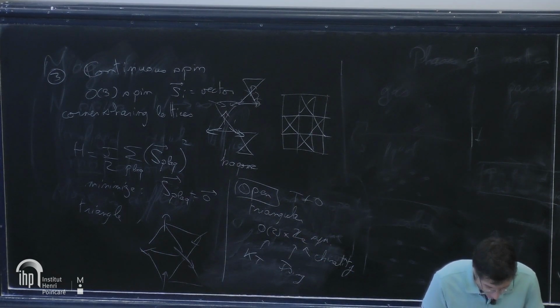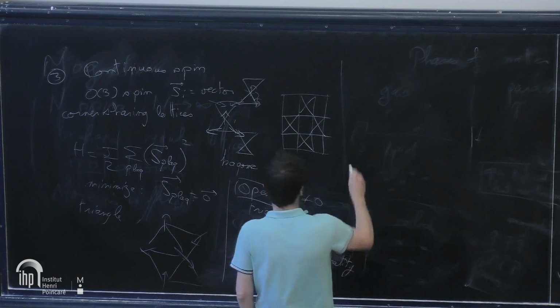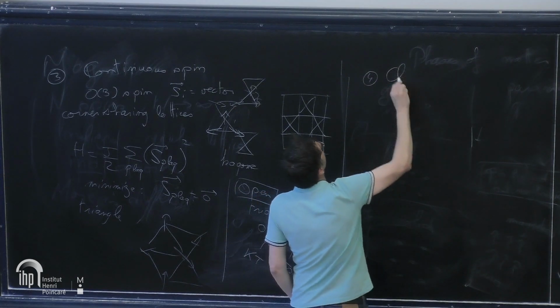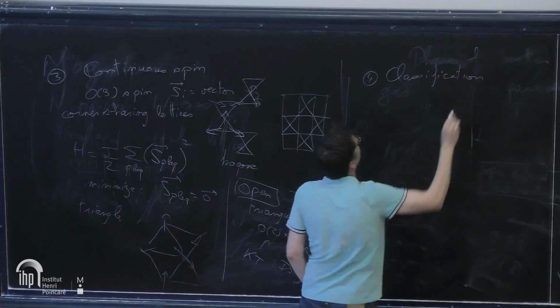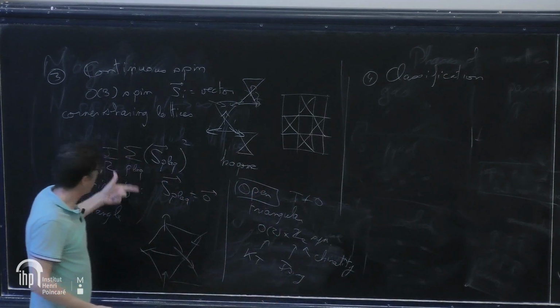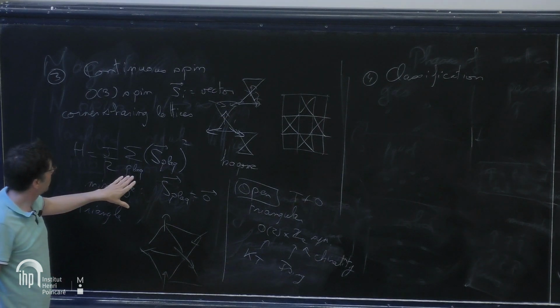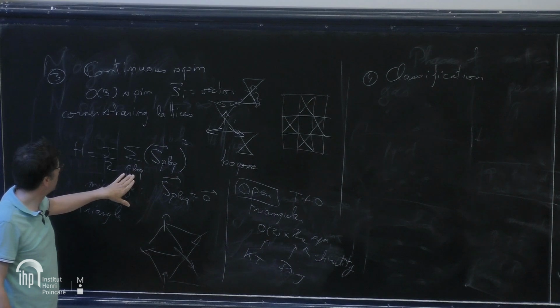And maybe now I will end the classical part by telling you something about classification. Actually, I will only maybe discuss this continuous spin case. But it's quite simple, at least to explain the idea, to give you a flavor of what we need to do.